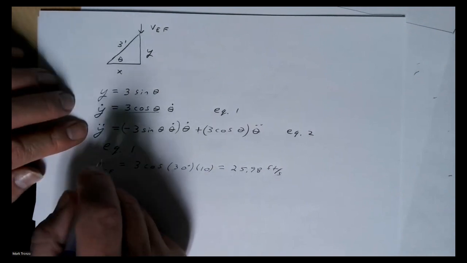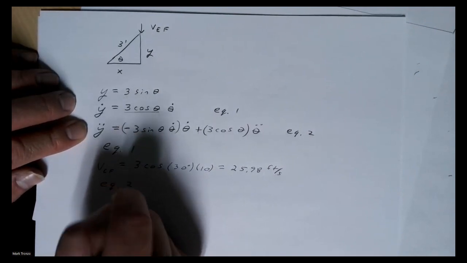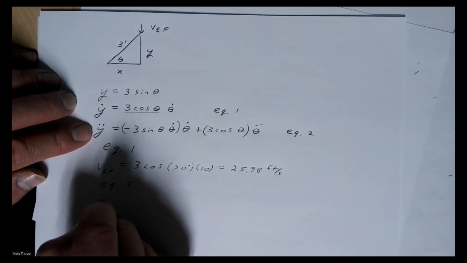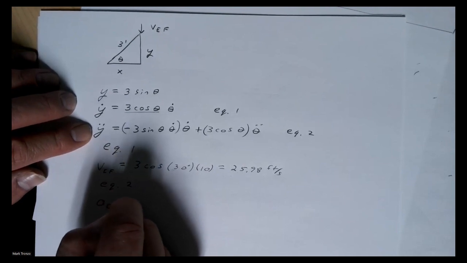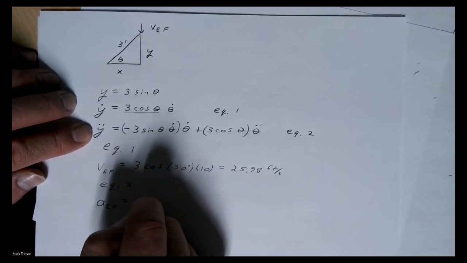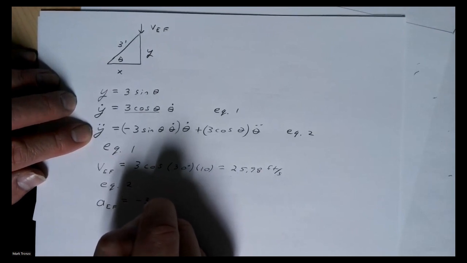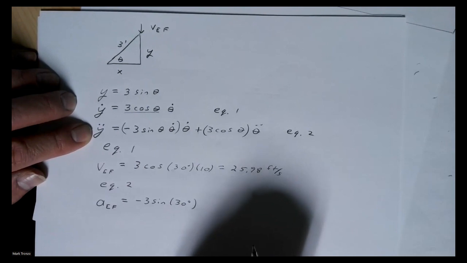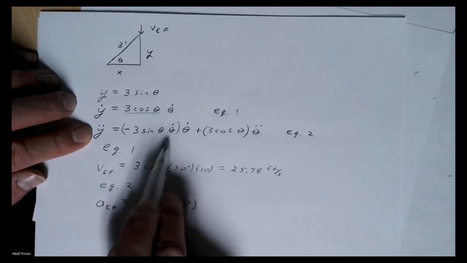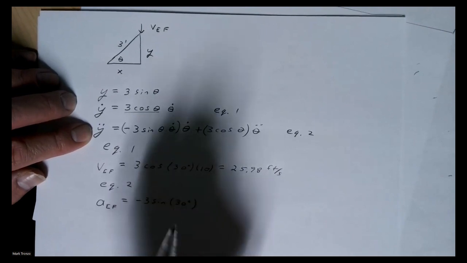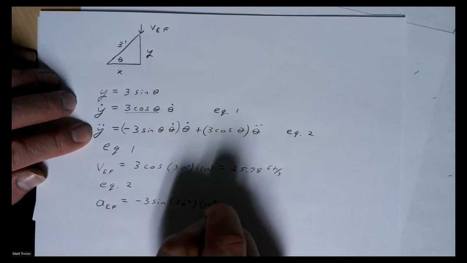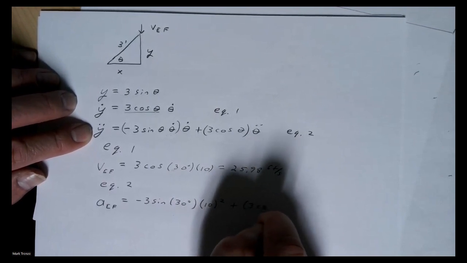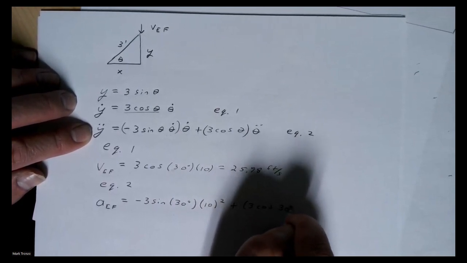And then also for the acceleration, use this equation here. Once again, AEF is going to be minus 3 sine 30 degrees. And then over here, we have theta dot squared, so that'll be 10 squared, plus 3 cos 30 degrees.